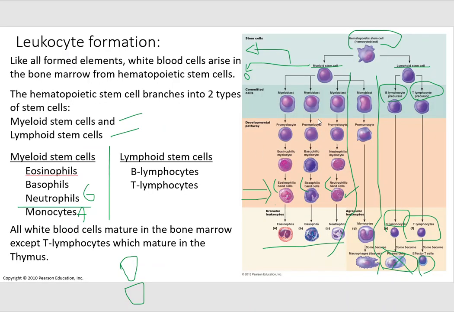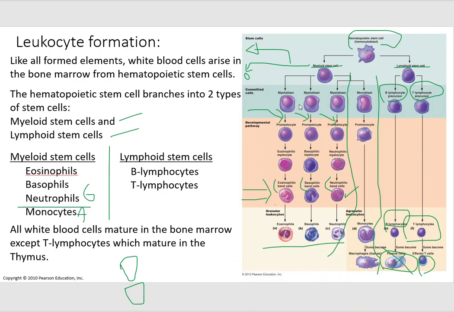See, the thing about these guys, which way do these go? It depends on what your body needs. Depending on what your body needs, we're going to put the chemical that's going to make eosinophils or the one that makes basophils. There's chemical signals, growth factors, colony stimulating factors that are going to cause these guys to go.